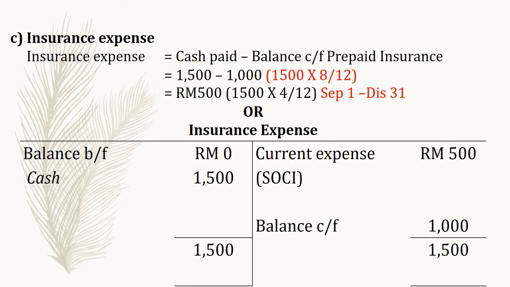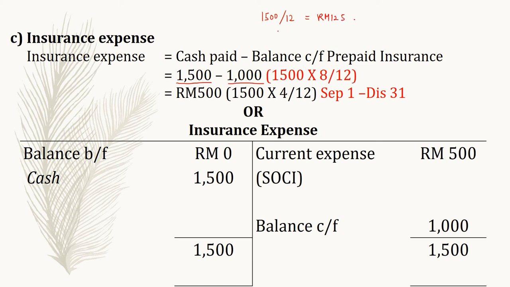So we need to do adjustment for the expenses. Okay, for insurance, the insurance expense is actually the amount that you paid, 1,500, and you minus it with your ending balance of your prepaid insurance. Okay, so as I said earlier, you paid 1,500 for 12 months. That means every month the amount is 125.